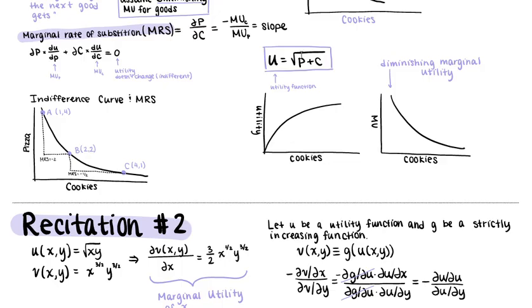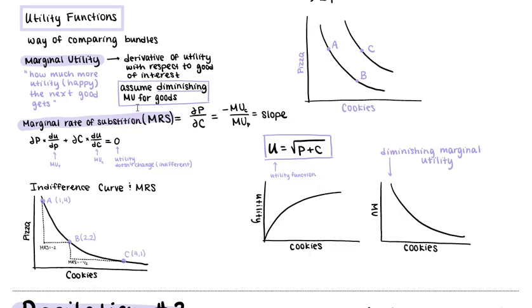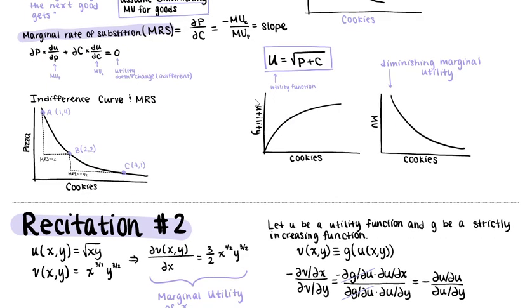Okay. So now we have two graphs showing our assumption of diminishing marginal utility of goods. The y-axis is utility and the x-axis is cookies. As you consume more cookies, the slope flattens, so your marginal utility is actually diminishing.